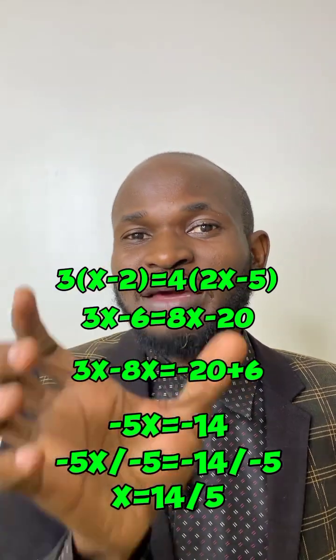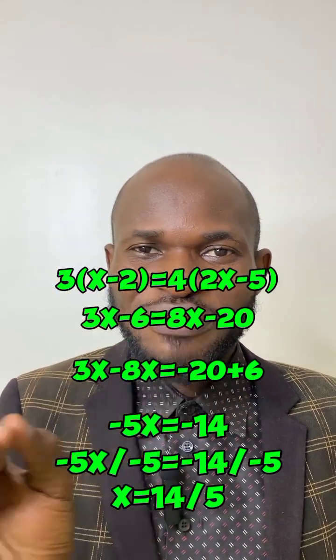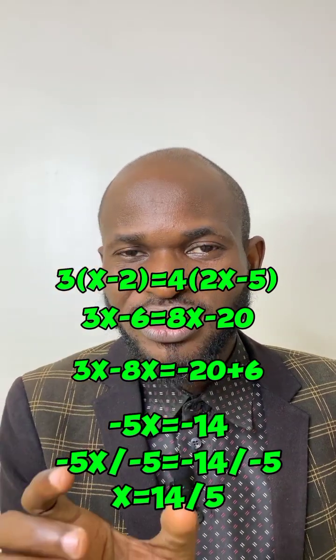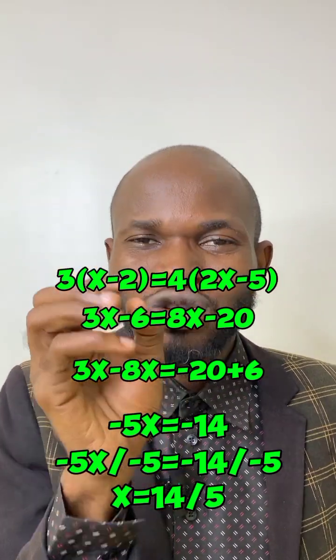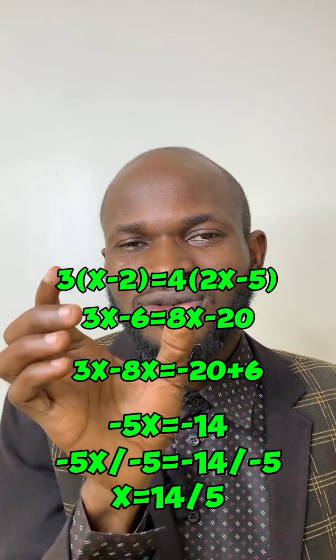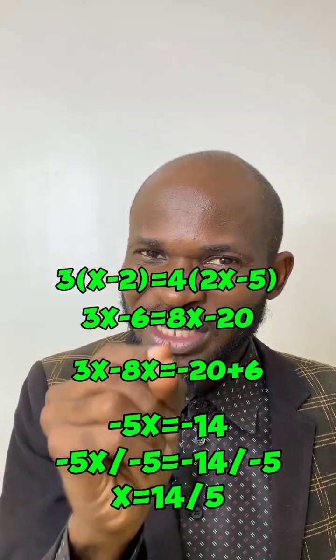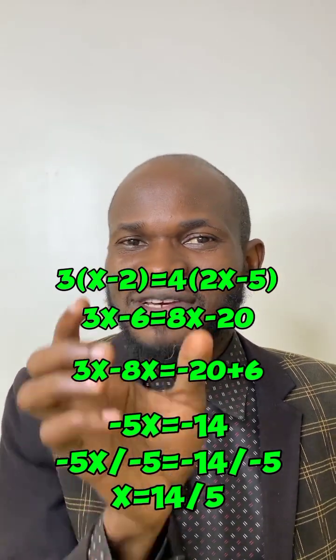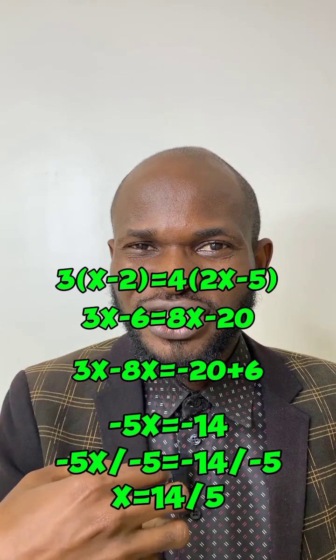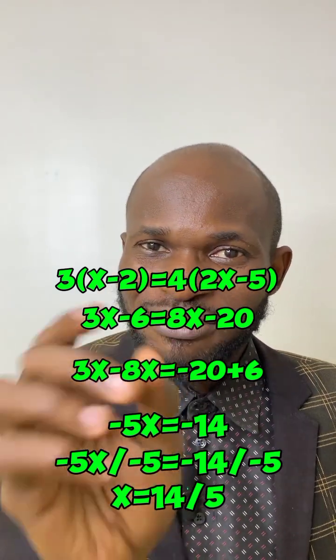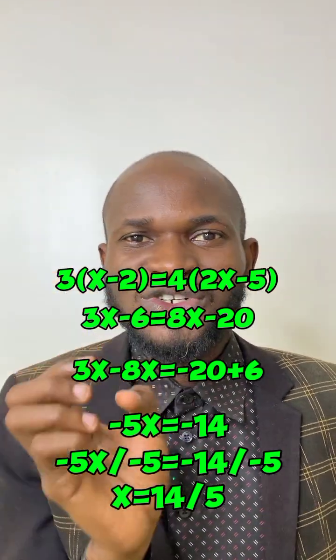If 14 were to be a multiple of 5, you're not going to have issues, so you just divide it out. But since it's not a multiple of 5, you try to look for the closest number to it. And the closest number to it is not 3 because 3 times 5 is 15 and 15 is greater than 14. Hence, you'll be making a terrible mistake if you choose 3.